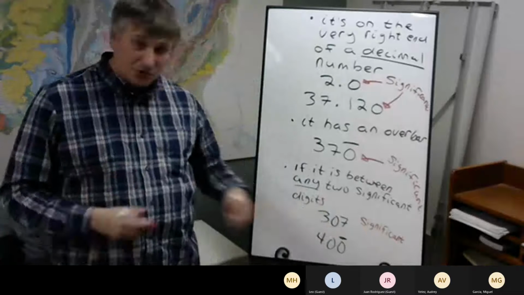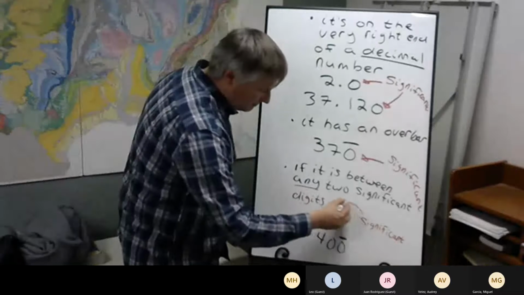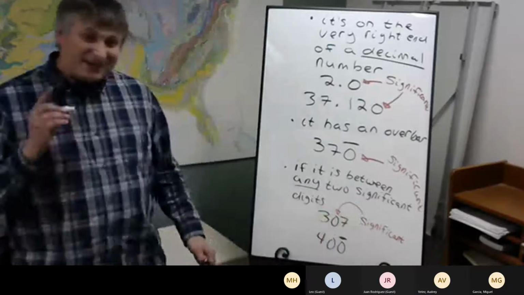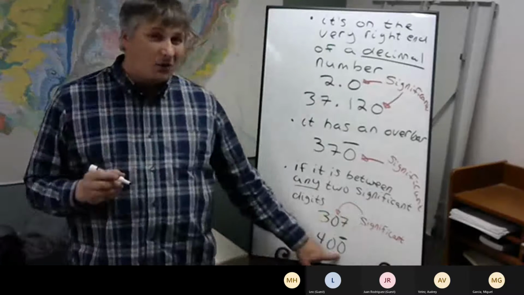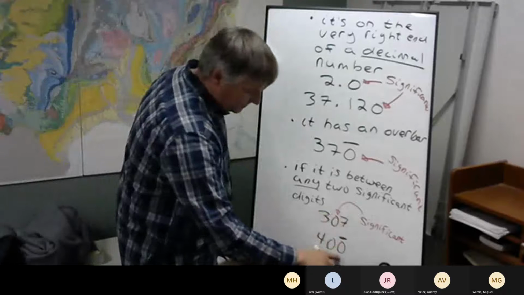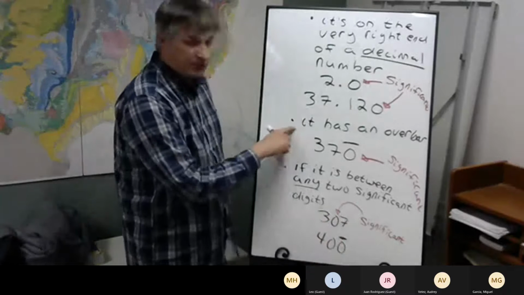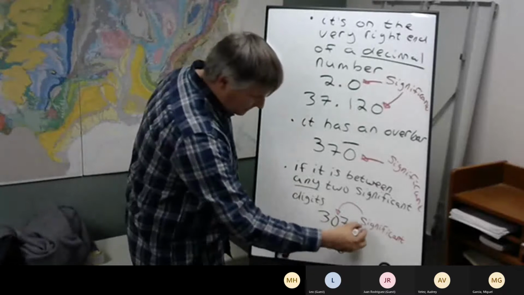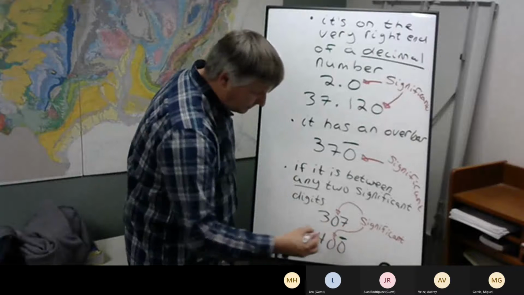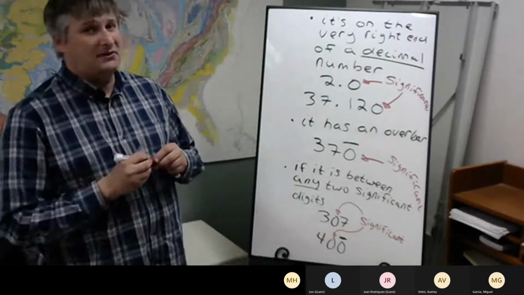Zero is between some non-zero numbers, so it's still significant. But in this case, we have a zero with an overbar. So this is going to be significant per this rule. And the zero in between is also going to be significant.